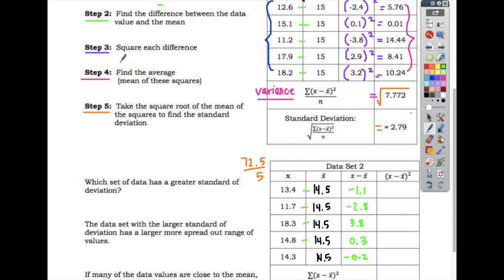Then, step 3, we're going to square each difference. So those numbers that we just got, we need to square them. So negative 1.1 squared gives us 1.21.